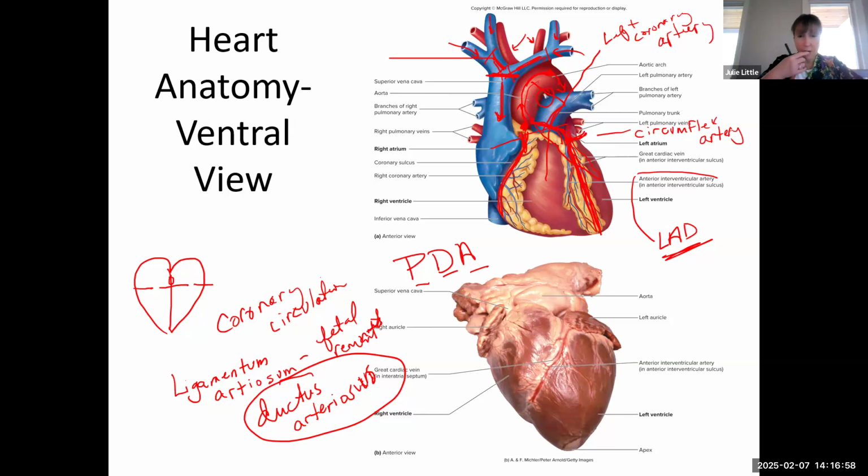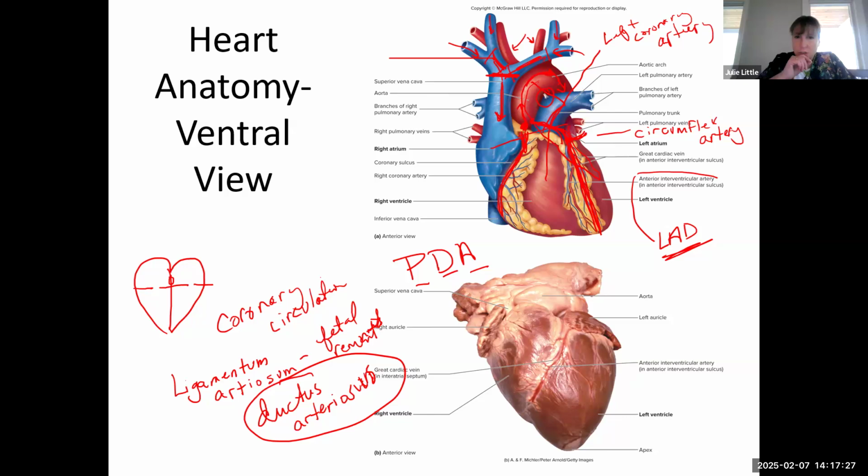It's almost the same repair method if you want to look it up for the PFO and the PDA, except they will take PDA very seriously because you will not only damage the heart, because it's pumping the same blood over and over again, but you can also damage the lungs. Okay.